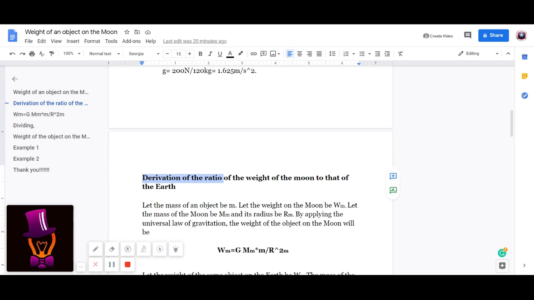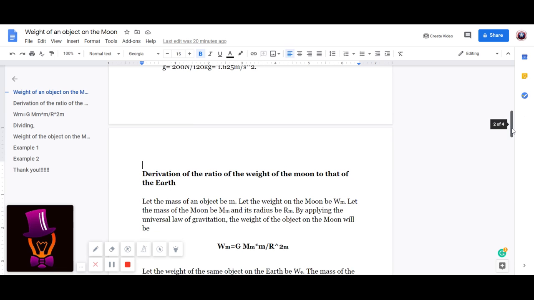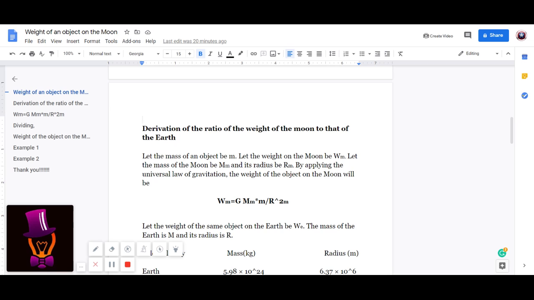Derivation of the ratio of the weight on the moon to that on the Earth. If we take the same object, we'll see the difference between its weight on the moon and on the Earth. Let the mass of an object be m, which can be any object.